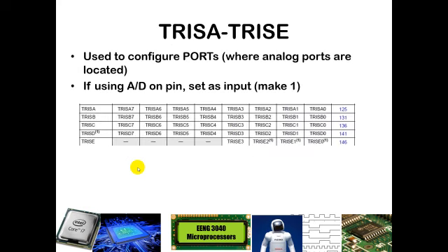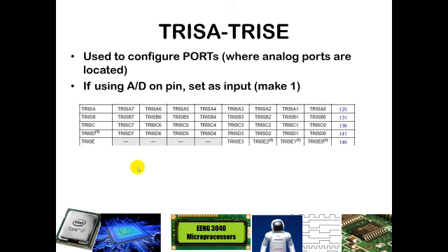The TRIS registers are also very important. Anything that you want to make an analog input, you should make an input in the corresponding TRIS register. And to make things input, you should make them a 1. You should have already seen that in the digital world. The same is going to be true if you're talking about an analog input. We should put a 1 in the corresponding bits of the TRIS register.